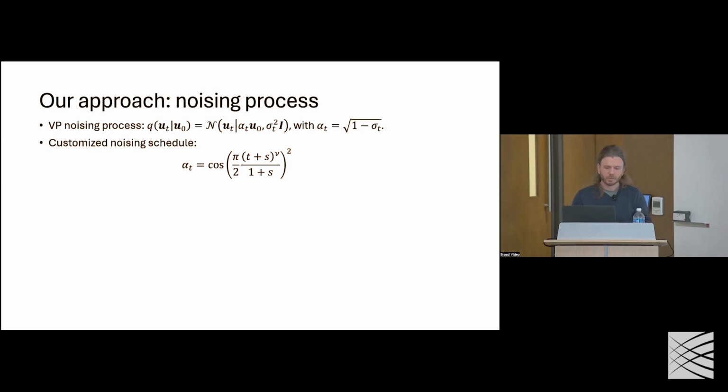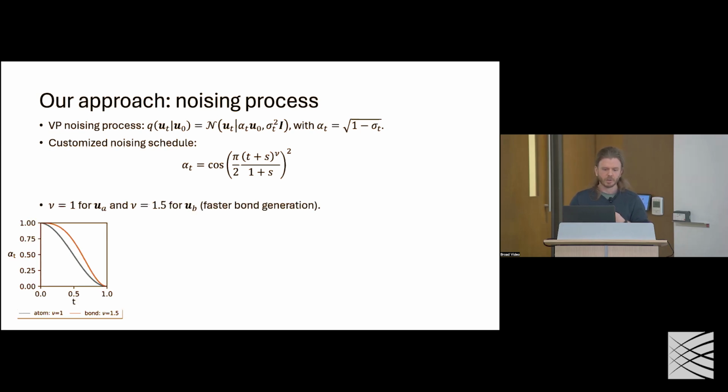For alpha t, we use a generalization of the cosine noising schedule with this new parameter nu, and setting nu equal to 1.5 instead of 1 will result in generating bonds faster, or equivalently destroying atoms faster.